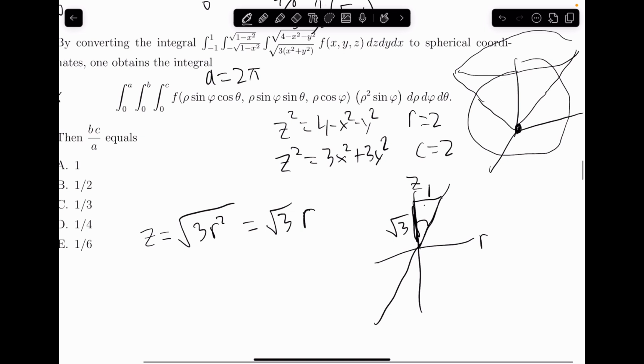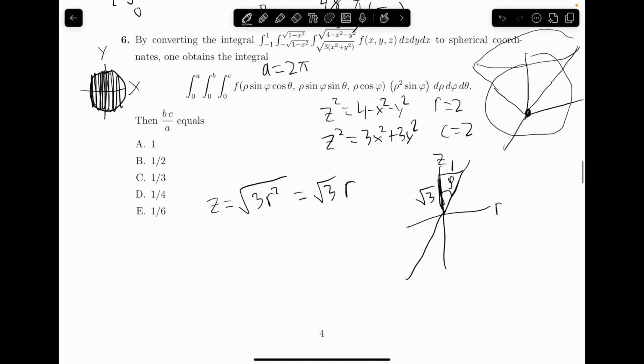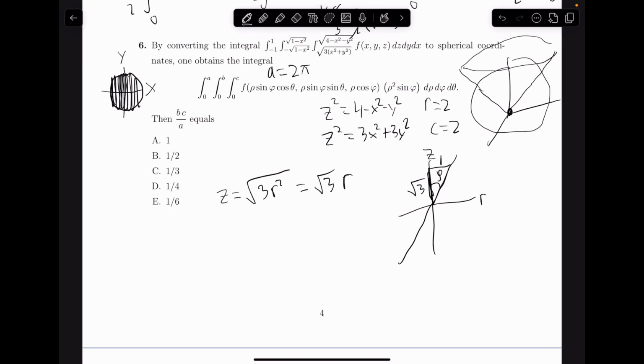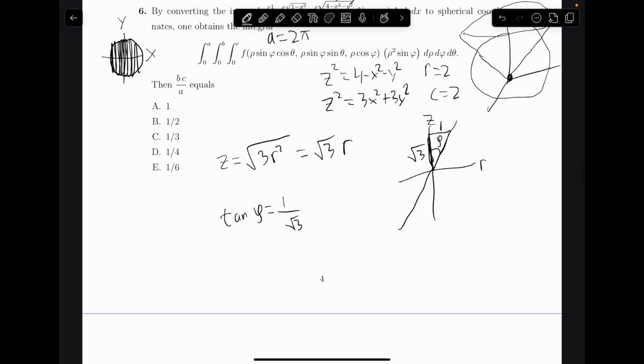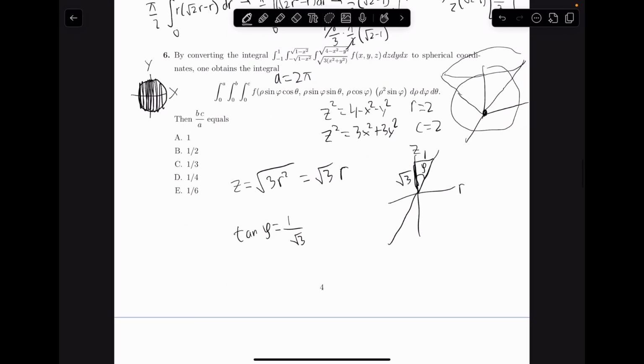And remember that this thing right here is our phi value. We can use some trig and find that out. I guess tangent works best here. So tan phi is going to be equal to 1 over square root 3. Jogging my memory here, it's either going to be pi over 3 or pi over 6.